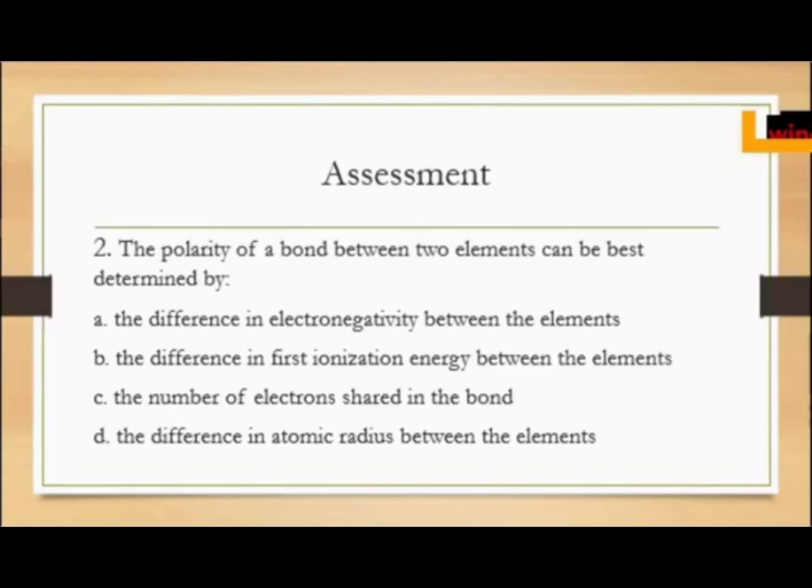Again, the polarity of a bond between two elements can be best determined by letter A, the difference in electronegativity between the elements. Letter B, the difference in first ionization energy between the elements. Or letter C, the number of electrons shared in the bond. Or letter D, the difference in atomic radius between these elements.